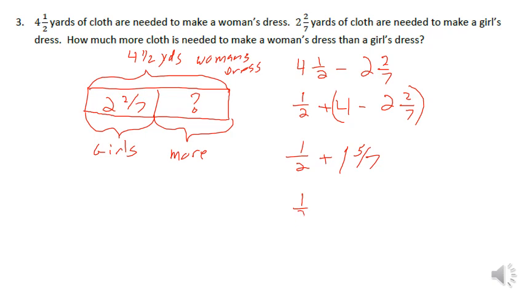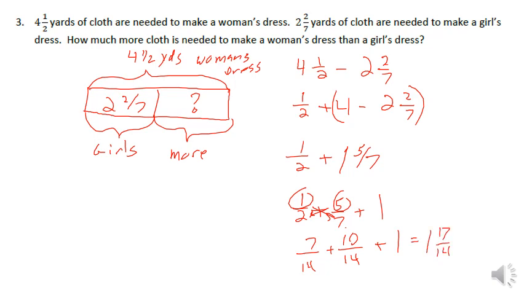Now, when we want to add these two, I've got 1/2 plus 5/7 plus 1. And I can tell the common denominator for these two is going to be 14, because 7 times 2 is 14. We have 1 times 7 is 7. 5 times 2 is 10.